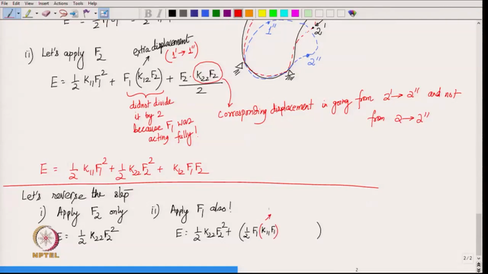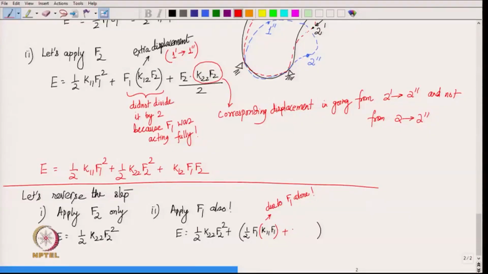So, this is due to F1 alone and it comes with a half because we ramped up the force F1 slowly, plus the work done due to force F2, but now you see that F2 is acting completely in step 1.